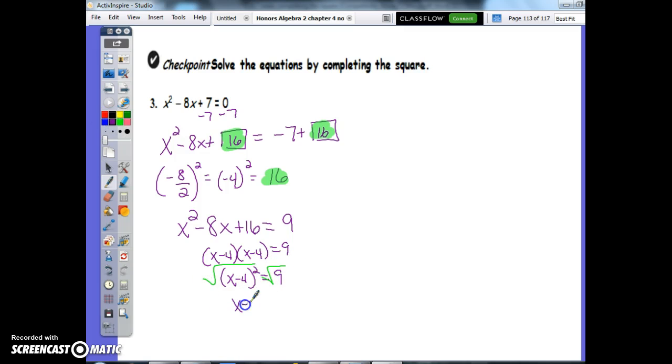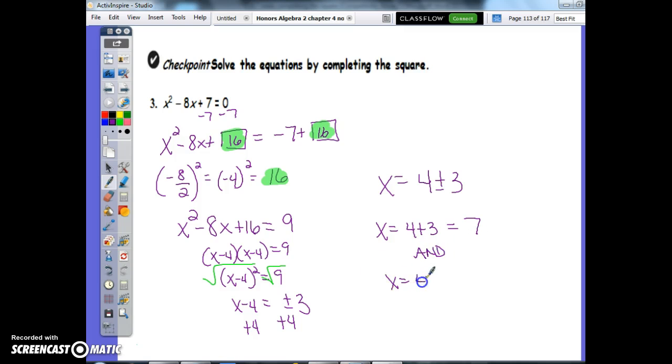And you're going to get x minus 4 equals plus or minus the square root of 9, which happens to be a 3. It's a whole number. So then you add the 4, and you're going to get x equals 4 plus or minus 3. Which is really x equals 4 plus 3, which is 7, and x equals 4 minus 3, which is 1. So these are your two answers, a 7 and a 1, both of them.